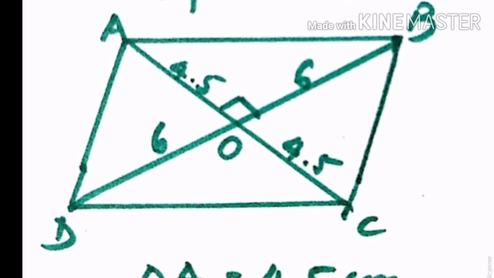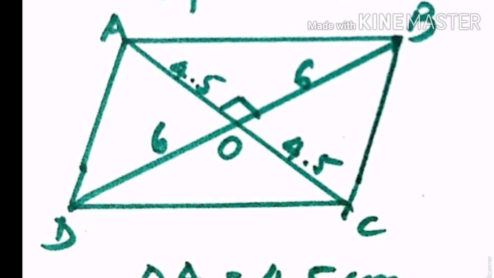So one diagonal is of 12 centimeters, so I have written 6 bisecting, and another diagonal is of 9 centimeters, so bisecting it I have written 4.5 and 4.5. So now they asked to get the value of side of the rhombus. So students, I am using triangle AOB. So OA and OB are known to you.